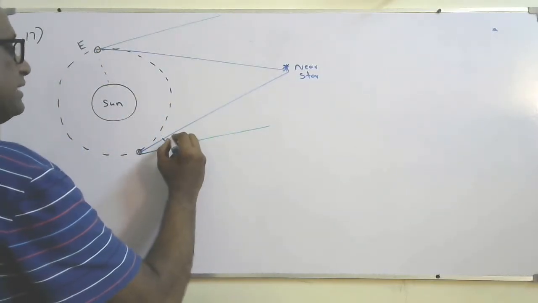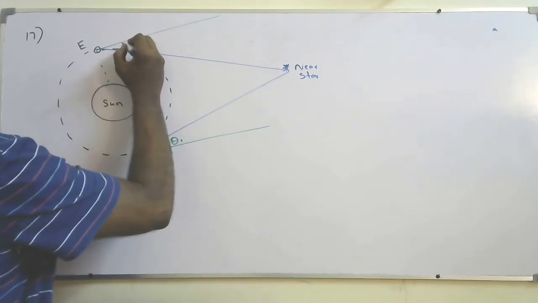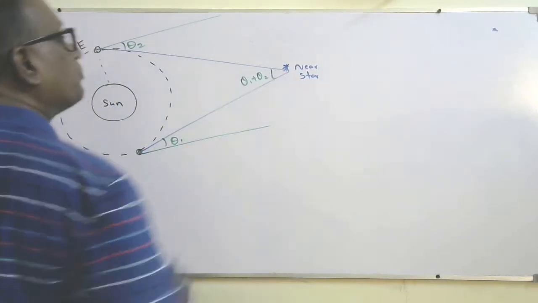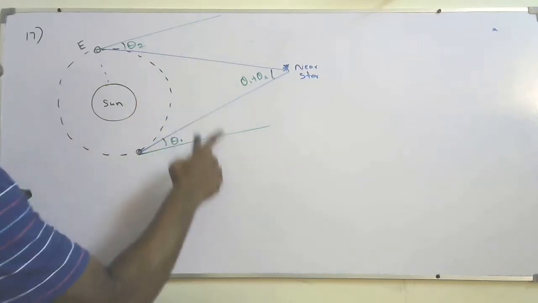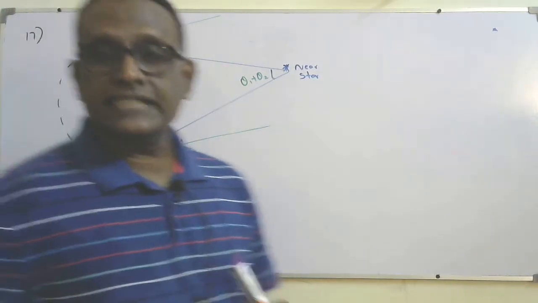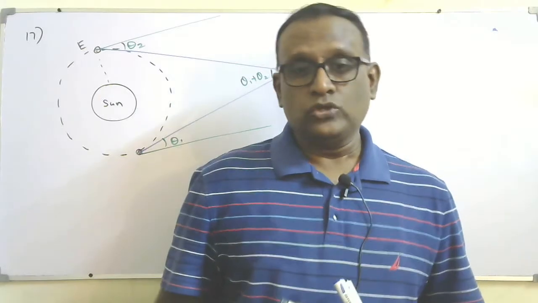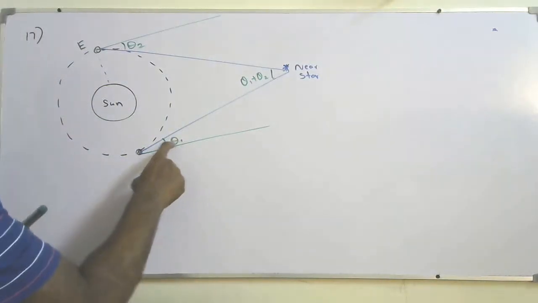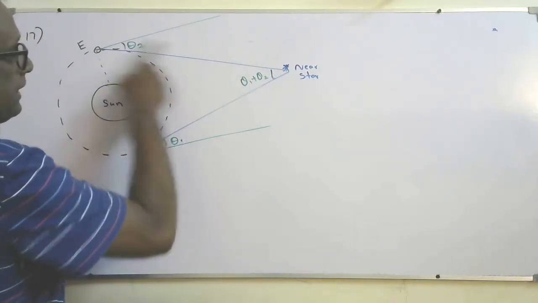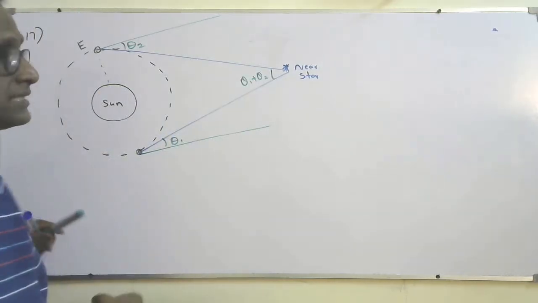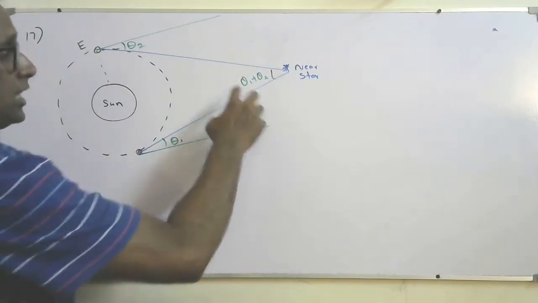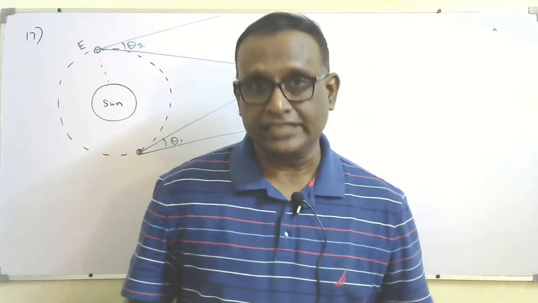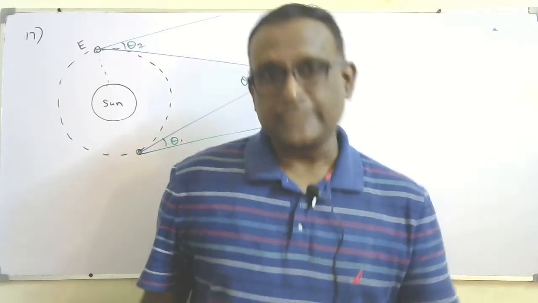So if I say this is theta 1 and this is theta 2, this angle will be theta 1 plus theta 2. These green lines are the light from far distance galaxies. So that light will be used as the reference line to measure the angle. Theta 1 plus theta 2 is called the angular displacement or arc difference during the 6 months period.